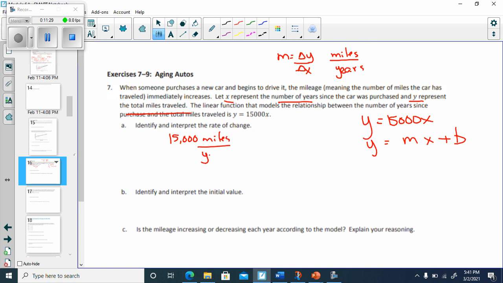See where I got the units for that? I found what my change in y was. My y is my total miles. My change in x is on the bottom. The x is years, so miles per year.